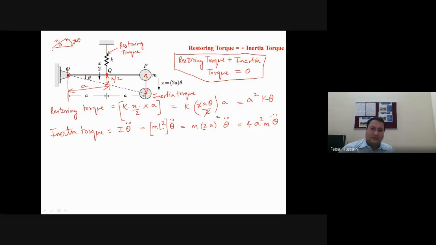Now let us see the condition. Restoring torque plus inertia torque equals 0.